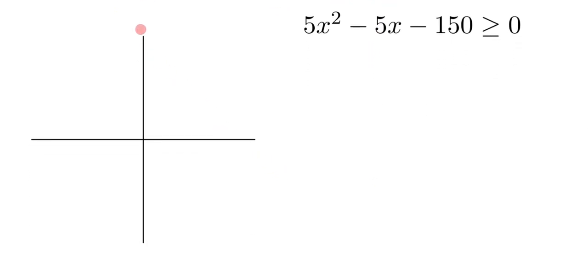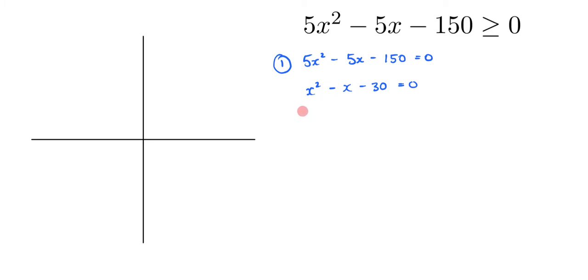So again, I'm simply going to follow my rules as I always do. Step number 1 is going to be writing this as an equation. So I'm going to get 5x squared minus 5x minus 150 equals 0. I'm going to divide both sides by 5 to make it a bit simpler for myself to solve for x. I'm going to get x squared minus x minus 30 equals 0. The next thing I'm going to do is factorize it.